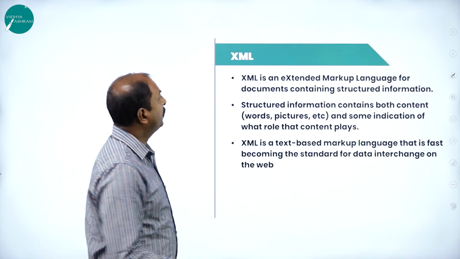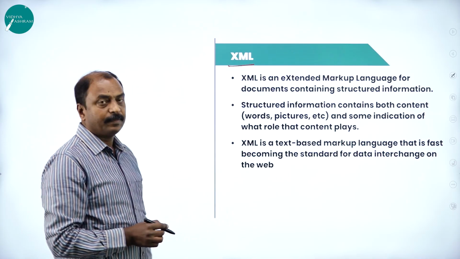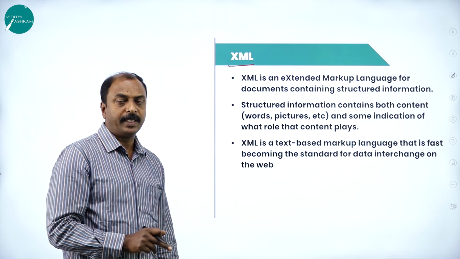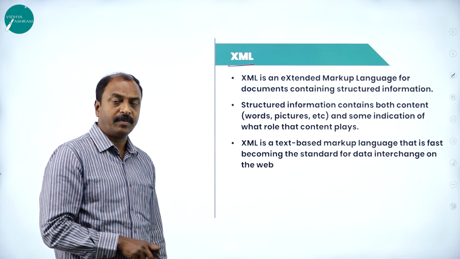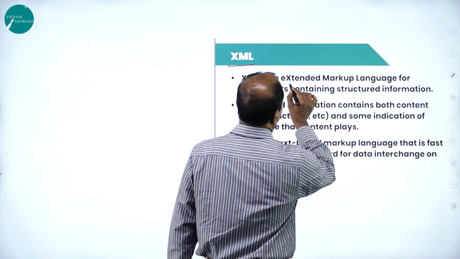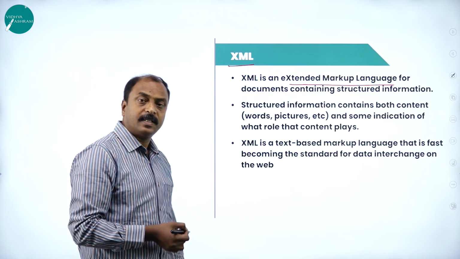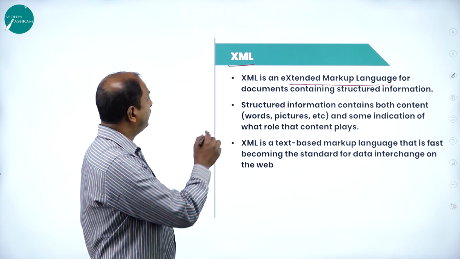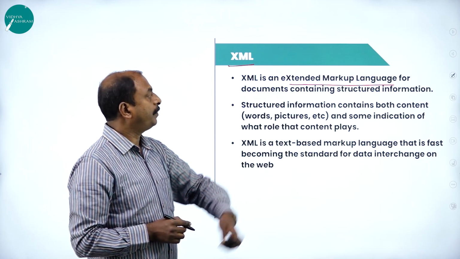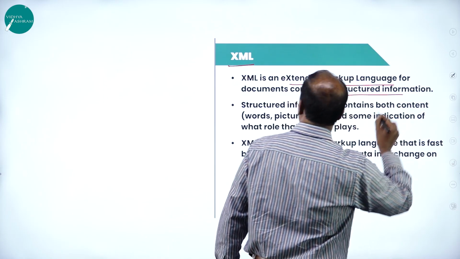Next we move on to the next concept, that is XML. Now we have learned the HTML language, hypertext markup language, and now let us see what XML is. XML is extended markup language. So this is again a computer language. XML stands for extended markup language for documents containing structured information.